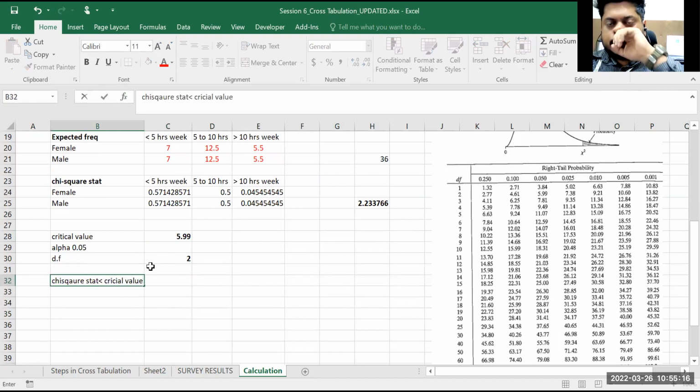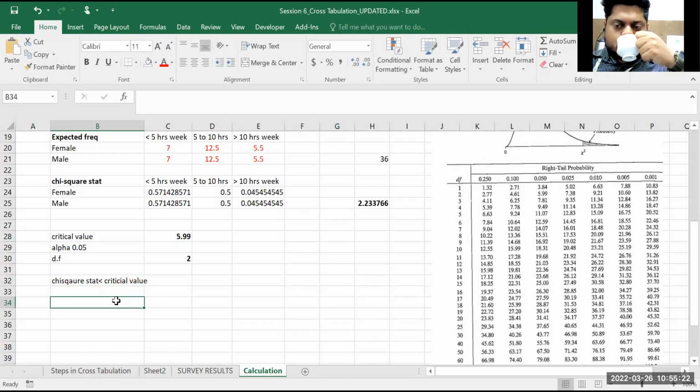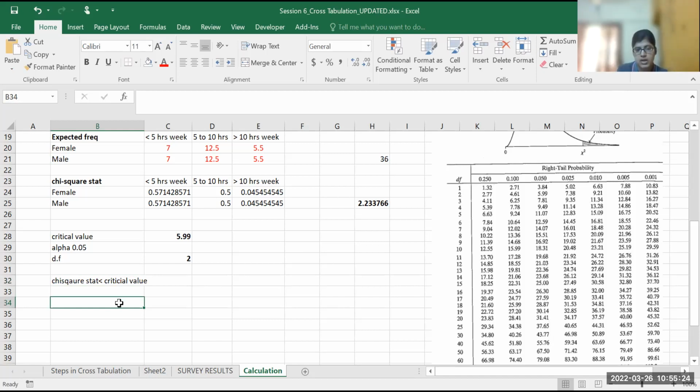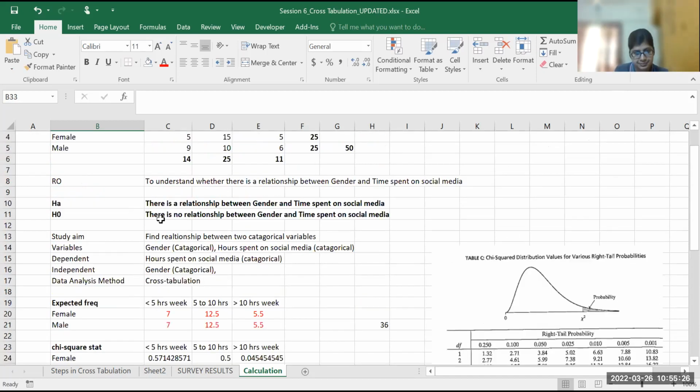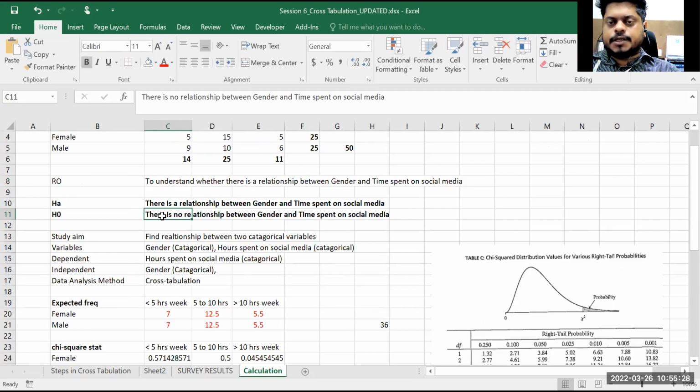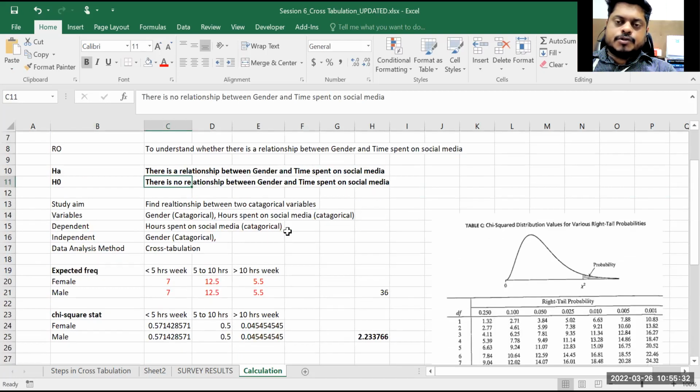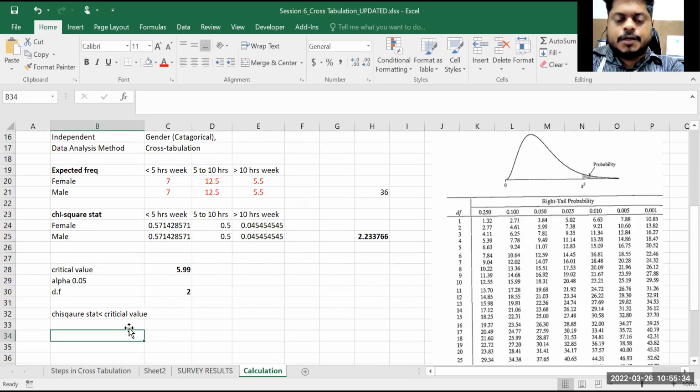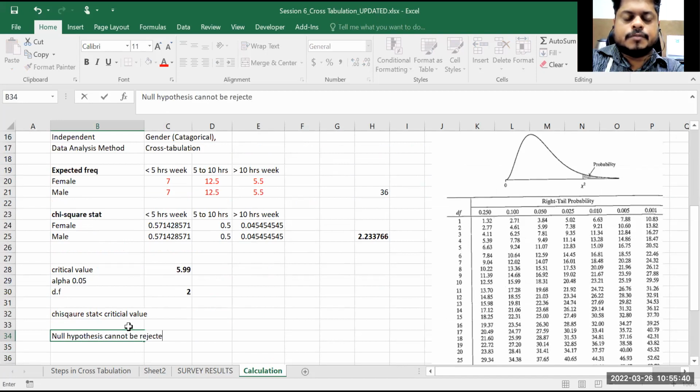So what will be the result? The null hypothesis cannot be rejected. Whatever your null hypothesis, I cannot reject that. I cannot say that there is a relationship between gender and time spent on social media. So I'll say that the null hypothesis cannot be rejected.